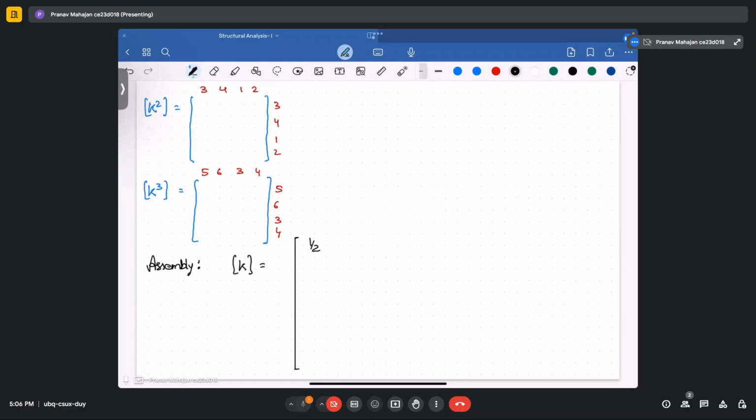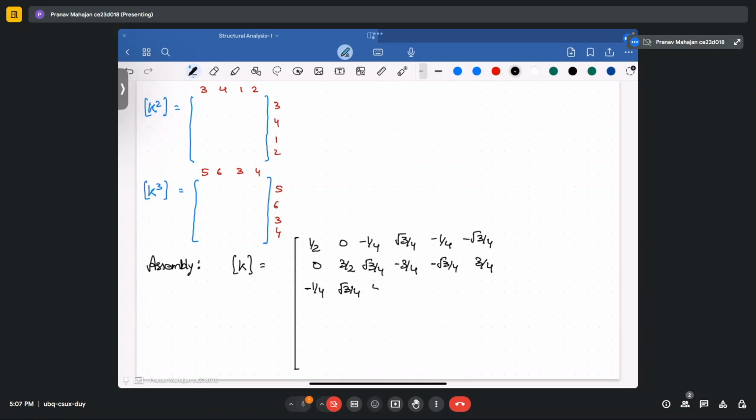Its final values will be 1 by 2, 0, minus 1 by 4, root 3 by 4, minus 1 by 4, minus root 3 by 4, 0, 3 by 2. All these values are coming after assembling at each and every node that we have determined.